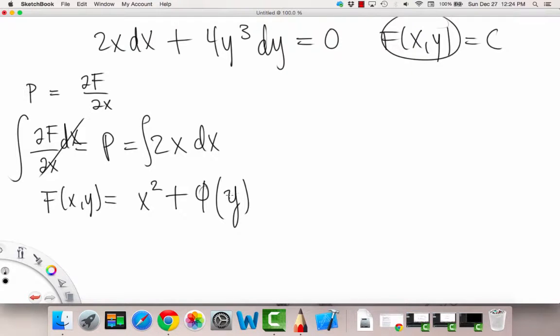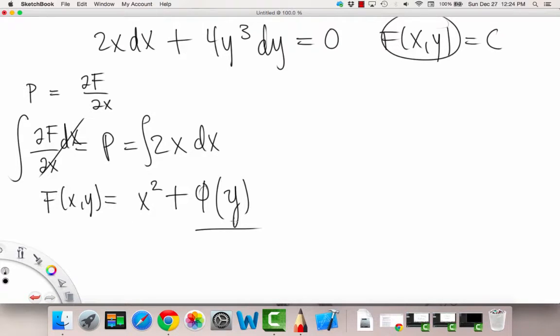Because if we take the partial derivative of this entire thing with respect to x, this whole term will go away anyway, because it does not contain any x's. It only has y's. That's why we have this extra function here, just in case.